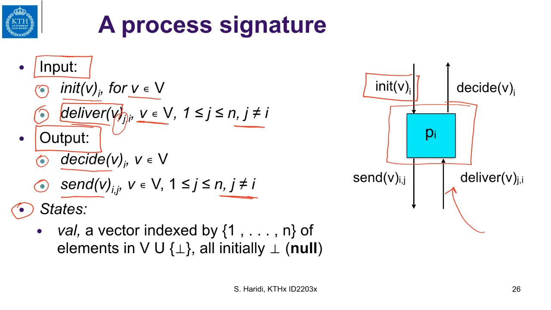And the state is as follows. It's called a vector called val. And the vector is indexed by 1 to n, and n is the number of processes. And initially, the vector is empty, and this is a notation for empty or null. So the set that these elements can assume is from the values, the set V and the empty value.